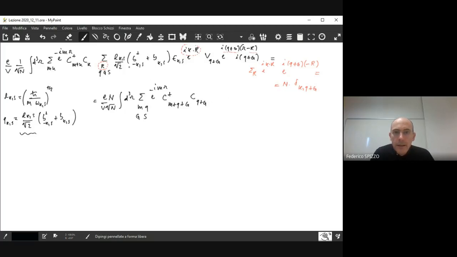Then L q plus g divided by the square root of 2. Then I have b cross minus q plus g s plus b q plus g s, e q plus g s. Then I have the scalar product with this phase factor I q plus g, and then I have v of q plus g.